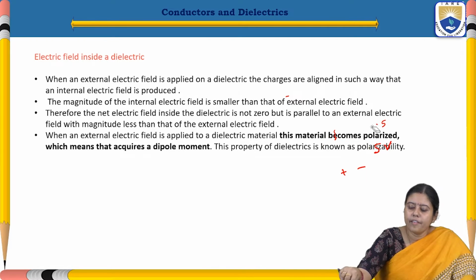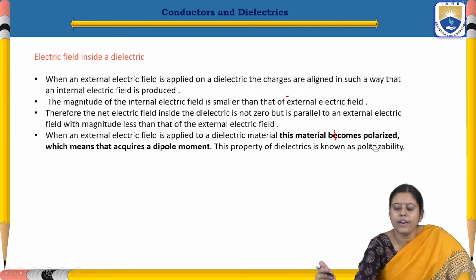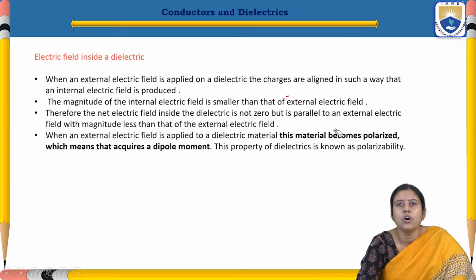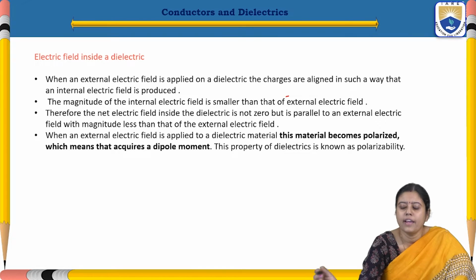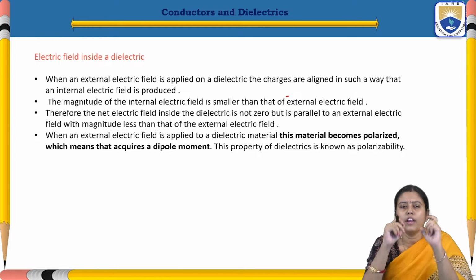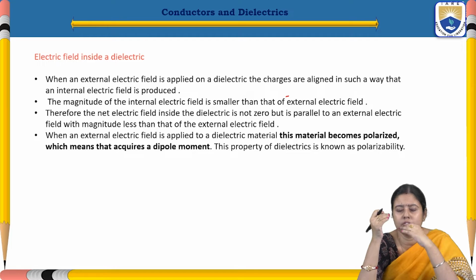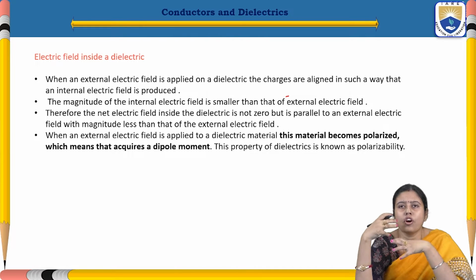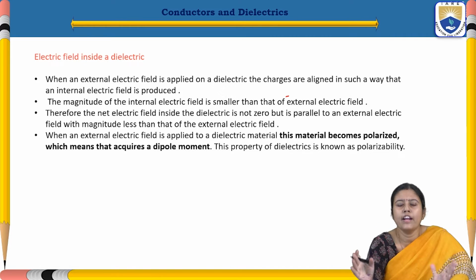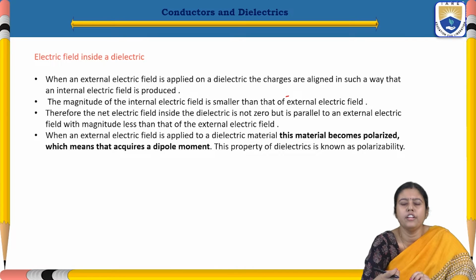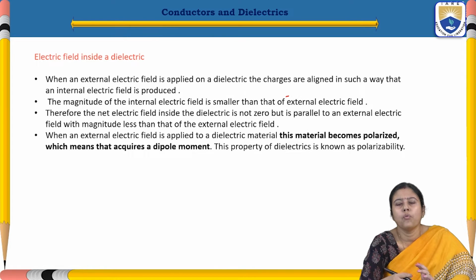When an external electric field is applied to the dielectric material, the material becomes polarized, which means it acquires a dipole moment. So what is happening when we use air, water, any liquid or any solid dielectric material, and we apply an electric field? The charges get displaced.